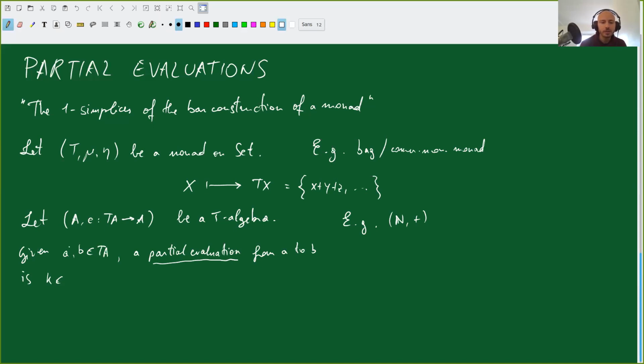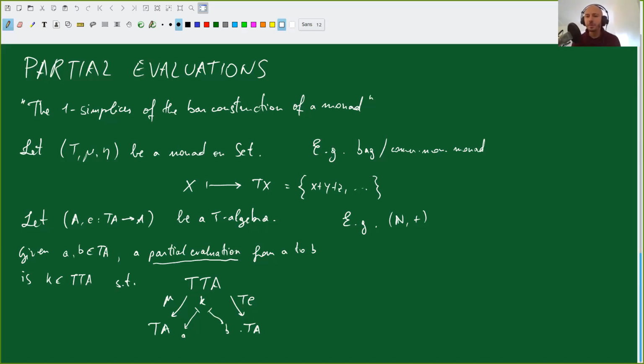It's K in TTA such that, here we have TTA. We can apply the map mu, the multiplication of the monad, to get to TA. And we can also apply TE to get to TA. You know that the algebra structure map is the coequalizer of these two. So there's K in TTA such that K is mapped to A here and to B here.